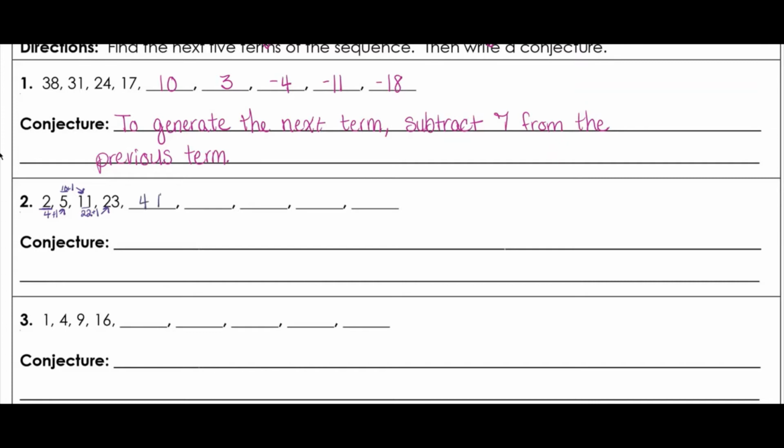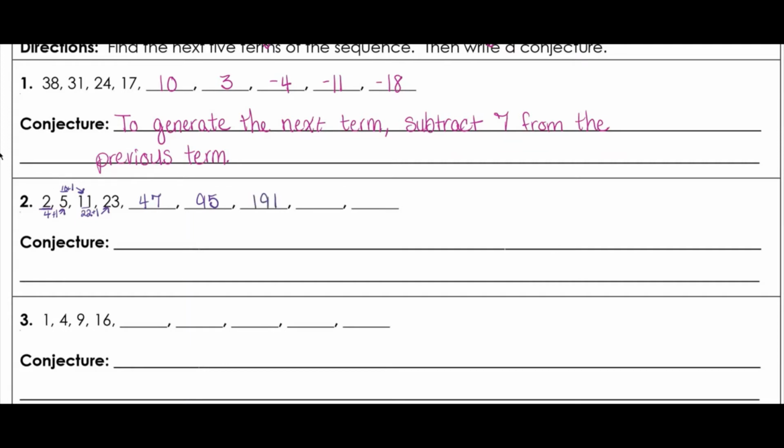Double 23, add 1, you get 47. Double 47, add 1, we get 95. Now double 95 and add 1. 191 is what you should have.